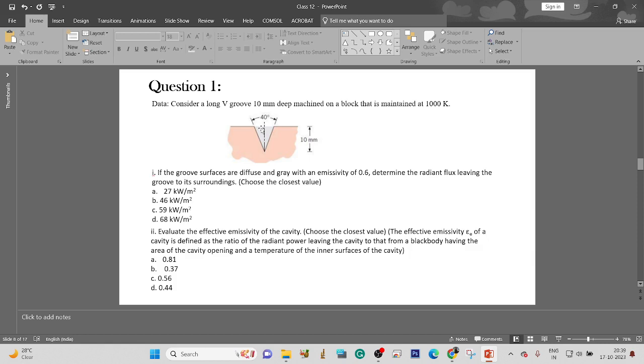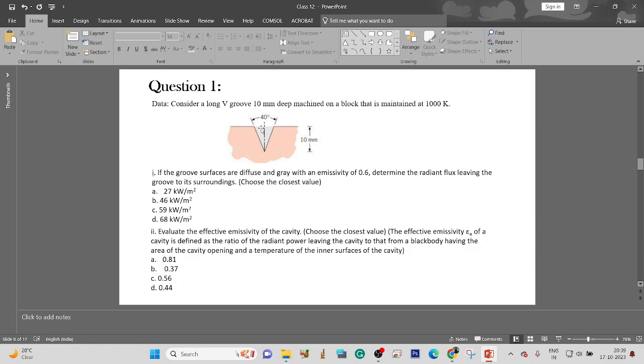Now we can consider A2 upon area 1. This is equal to 2L tan 20 upon area 1, which will be equal to 2L by cos.